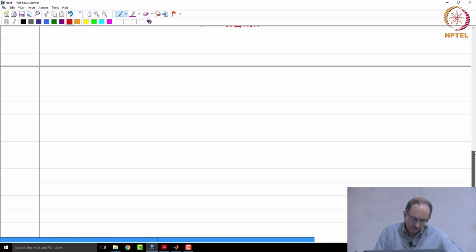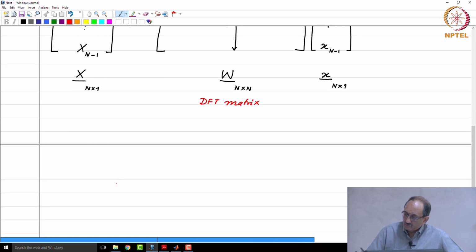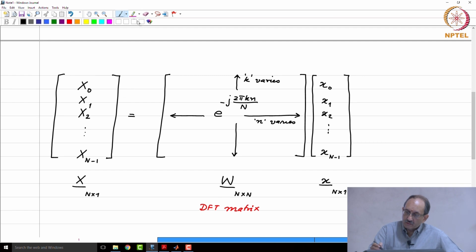because you can denote e to the minus j 2 pi by N as W. This is the notation that is used in this context, and e to the minus j 2 pi by cap N is called as W, and hence these elements are nothing but powers of little w, because if you let e to the minus j 2 pi by cap N as little w, this is nothing but w power k n.